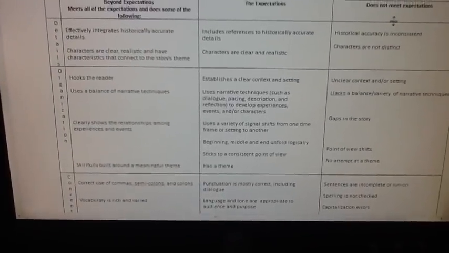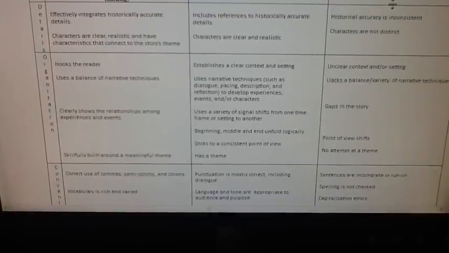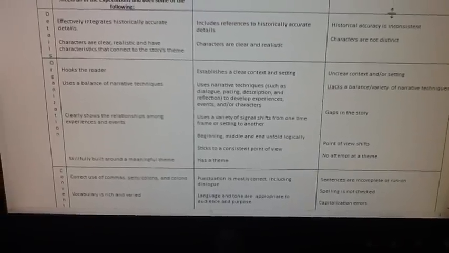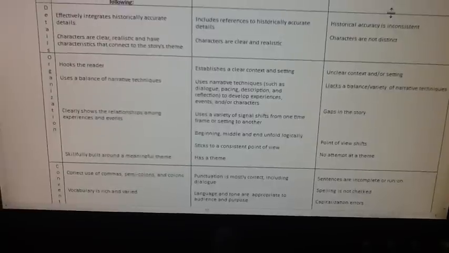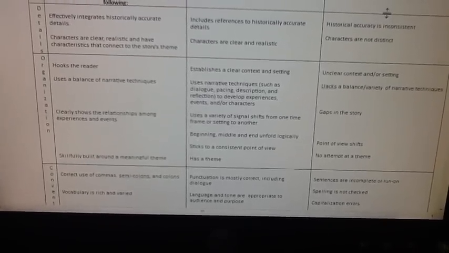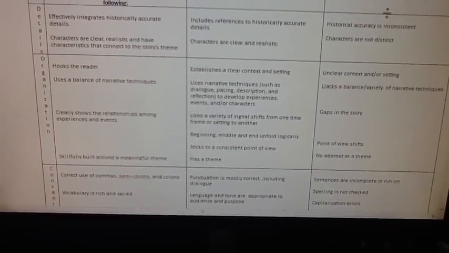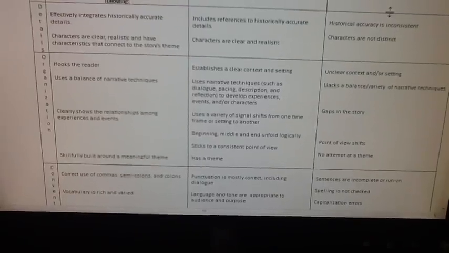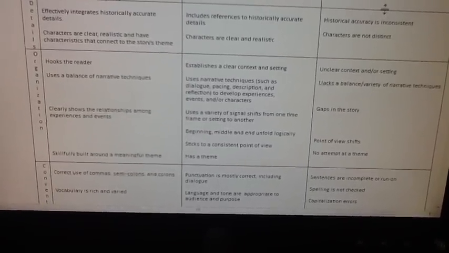Be sure to use narrative techniques, things like dialogue, pacing, good descriptions, reflection, anything you can do to develop the experiences and events so that your characters and what's going on with them seem very clear. Use a variety of signal shifts from one time frame or setting to another. We'll go into more detail about that later on. Make sure that you, of course, have a beginning, middle, and end, but make sure that they are logical.